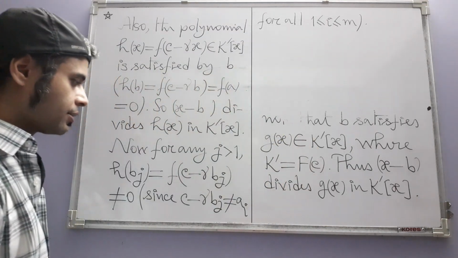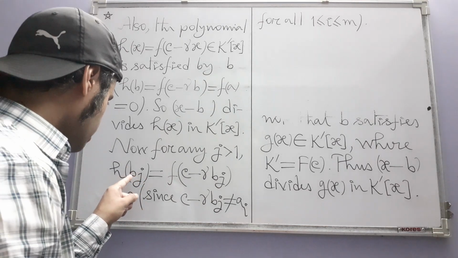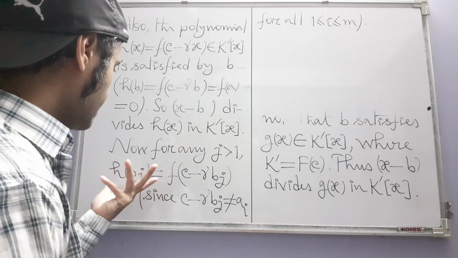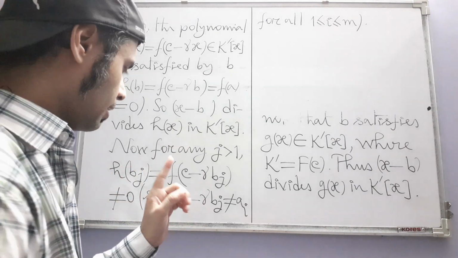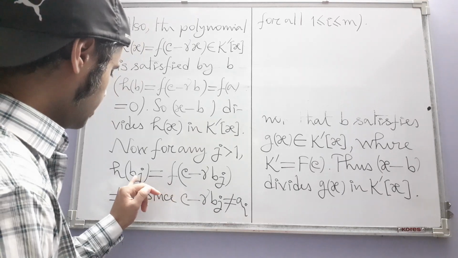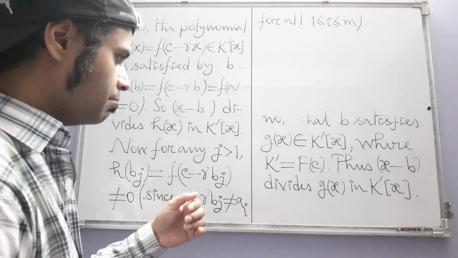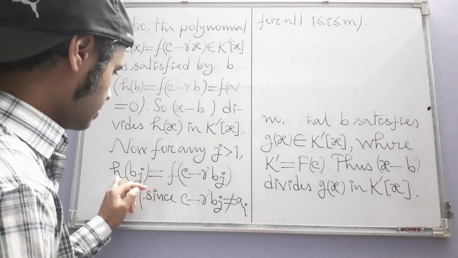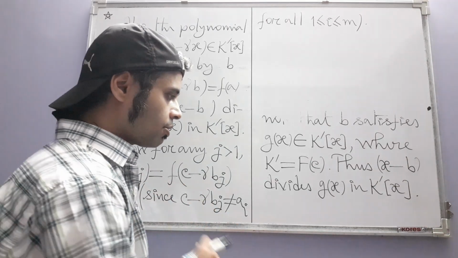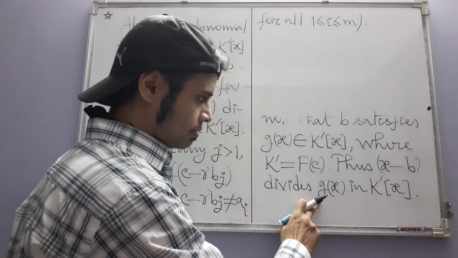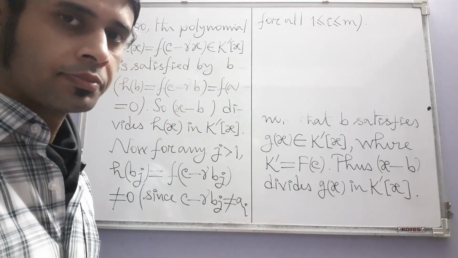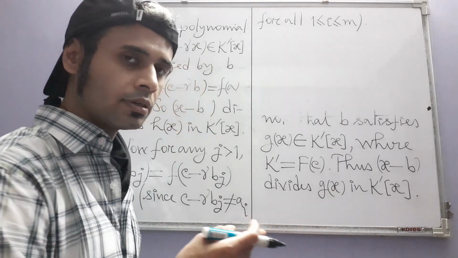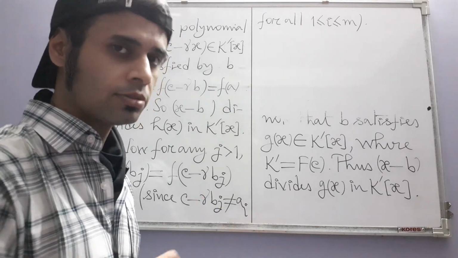But what is the implication of this? You see, apart from B1 or B, no other bj satisfies h. However, the only roots that G has are the bj's, and the factors of Gx arise from those roots.